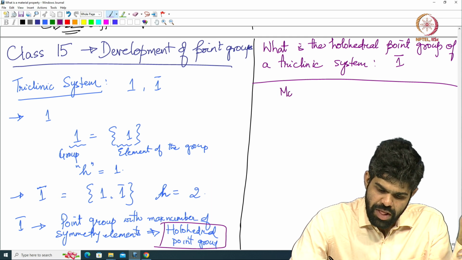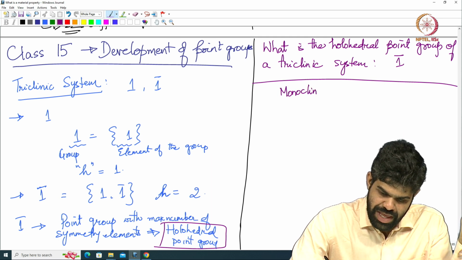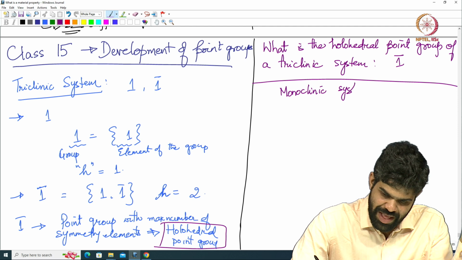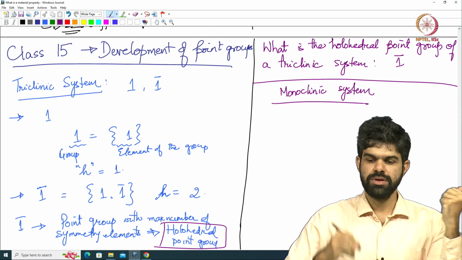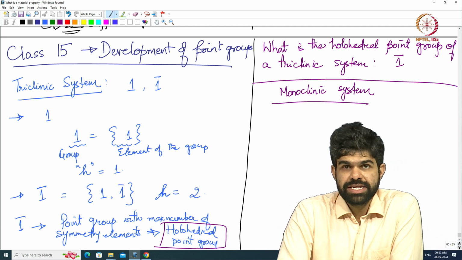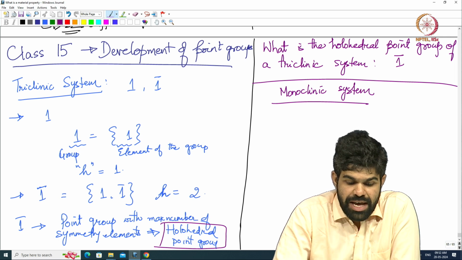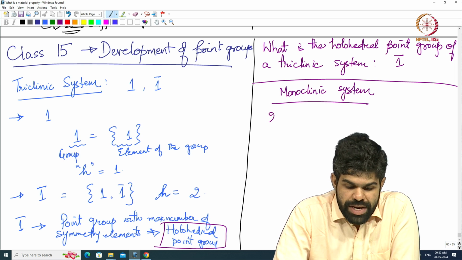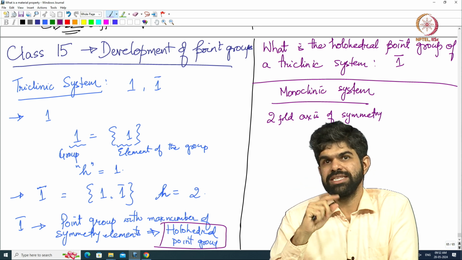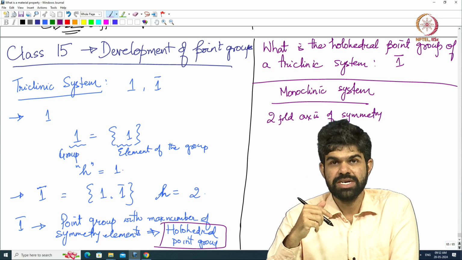Now, let us go to the monoclinic system. A monoclinic crystal system has certain points about which I can have a twofold axis of symmetry. Only one axis about which I can have a twofold axis of symmetry, right.